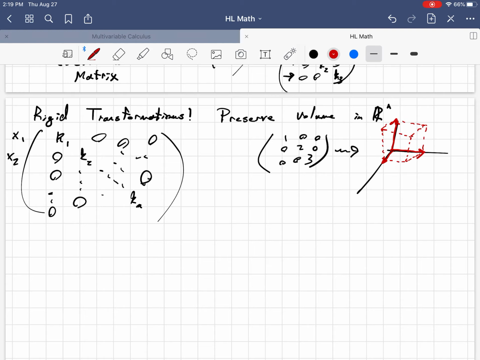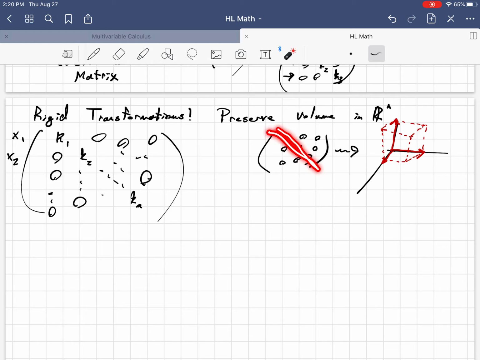Now obviously, the volume of this rectangular prism is just the product of the lengths of its sides, and the lengths of its sides are given by these numbers here. That's another way to think about why you can just multiply along the diagonal to get the determinant of a diagonalized matrix, because the determinant then is just the volume of this rectangular prism, right?